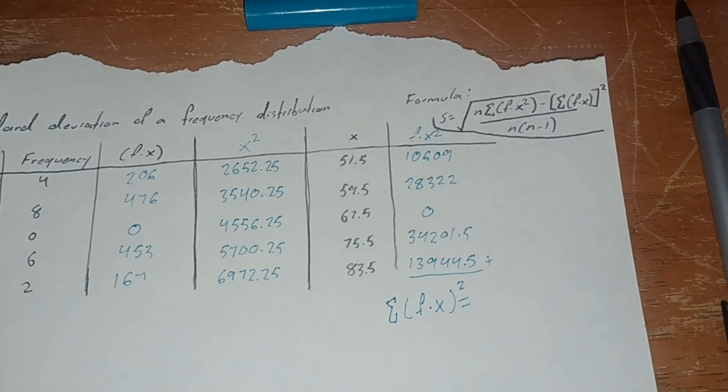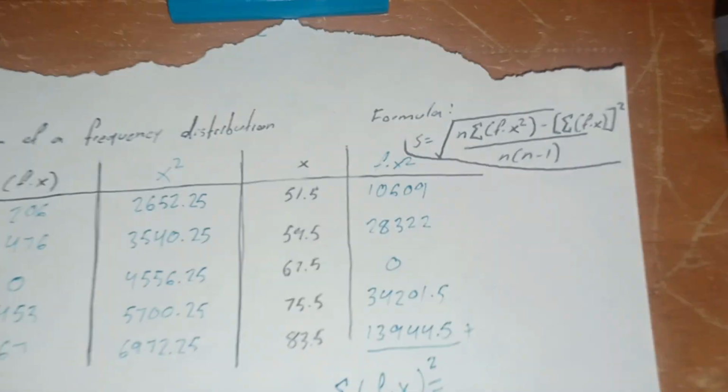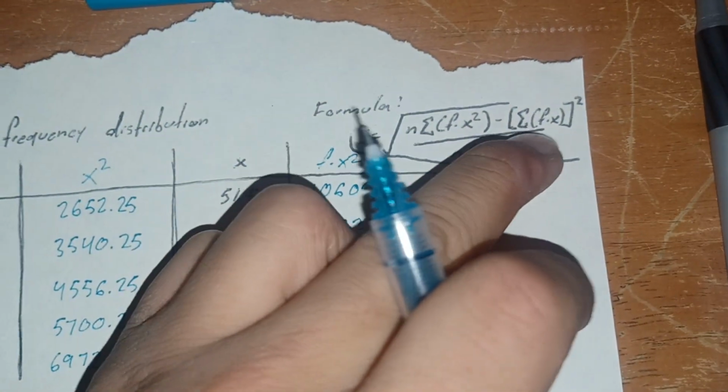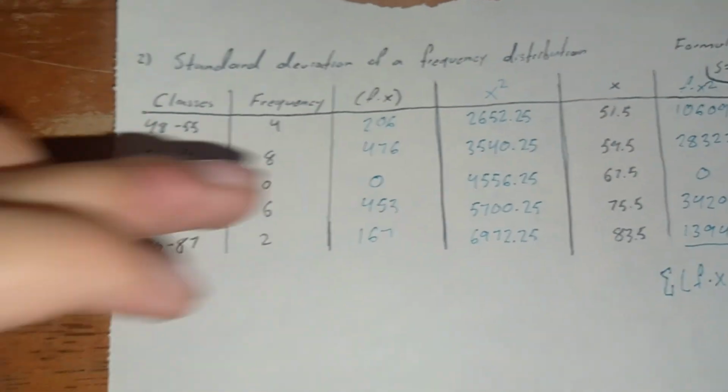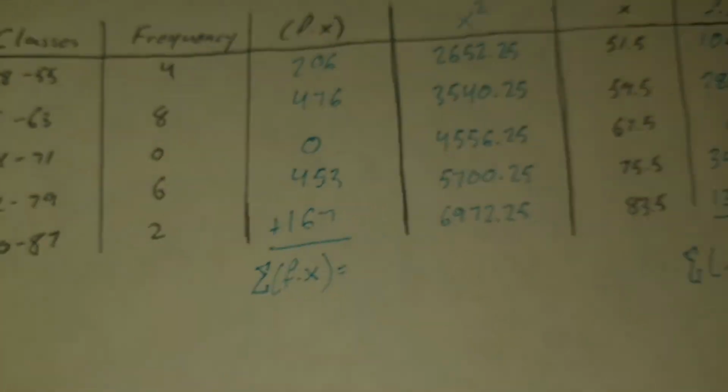So what else does it want from us? It wants the sum of f times x, and it wants us to square that. So we add all of them together. The sum of f times x is equal to.